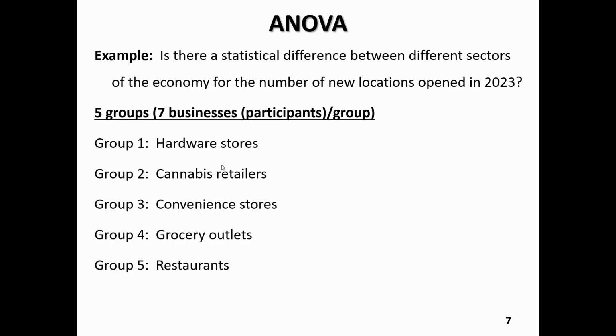Within each group, there are 7 businesses that have been randomly selected across Ontario in terms of those individual businesses opening up new locations. And we need an outcome measure here. The outcome measure, as already alluded to, is the number of new locations in Ontario in 2023.